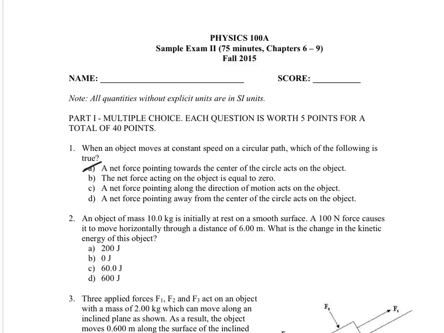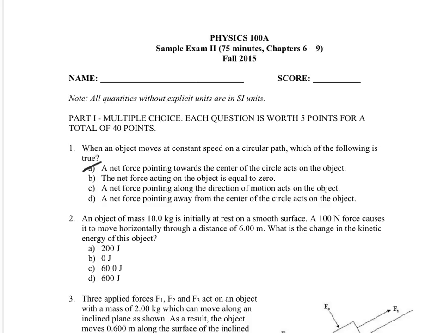Now, the direction of motion is tangential to the circle, and if you have a tangential force, it will not move with constant speed. It will speed up in the tangential direction. Net force pointing away from the center of the circle acts on the object. Well, if it points away from the center of the circle, then it would not be accelerated towards the center of the circle. So that's false.